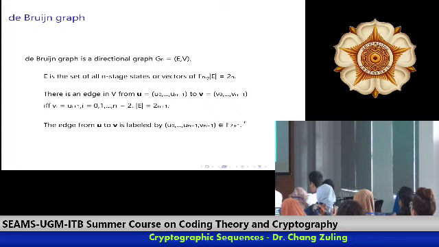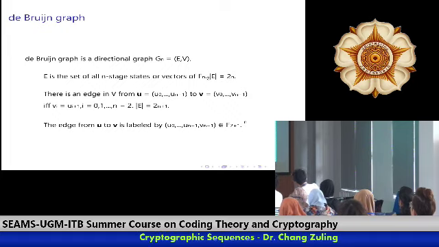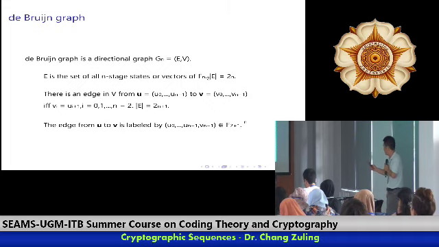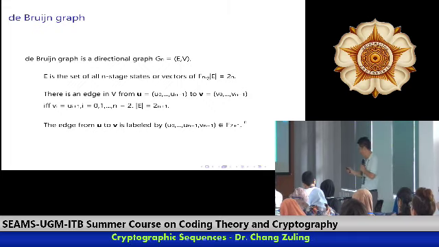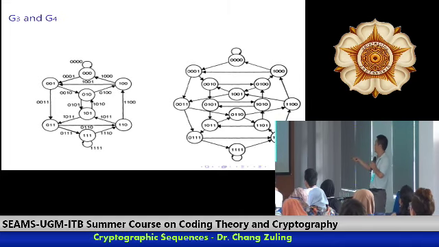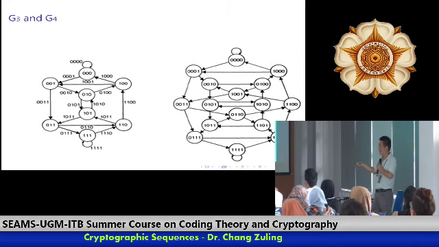So different edges have different labels. For example, we can see G3.